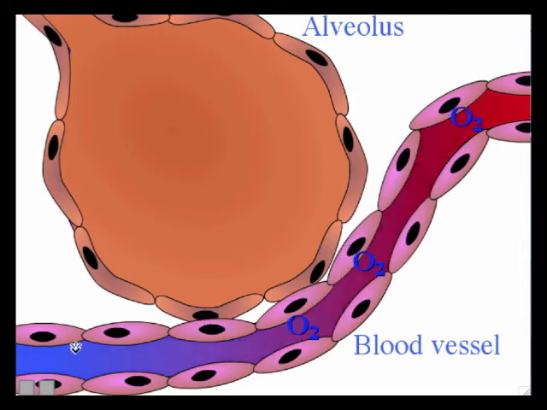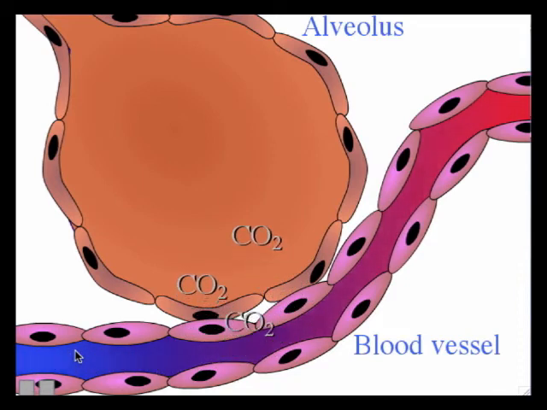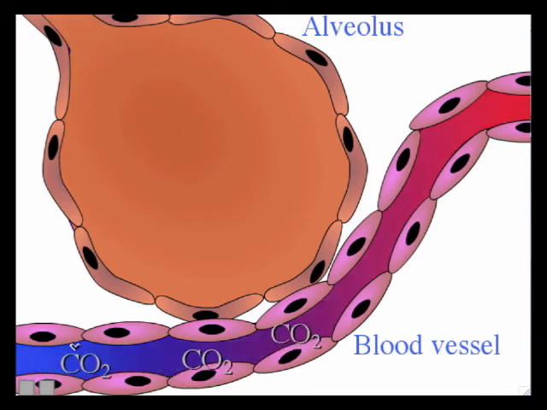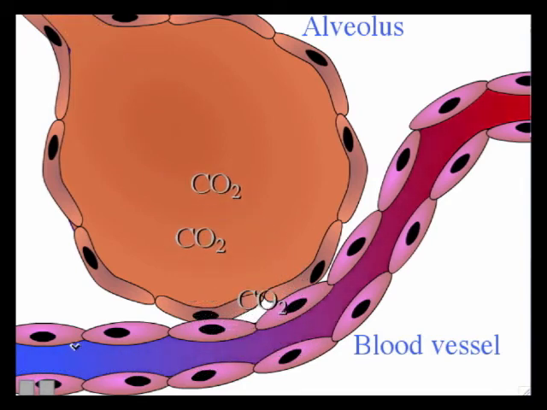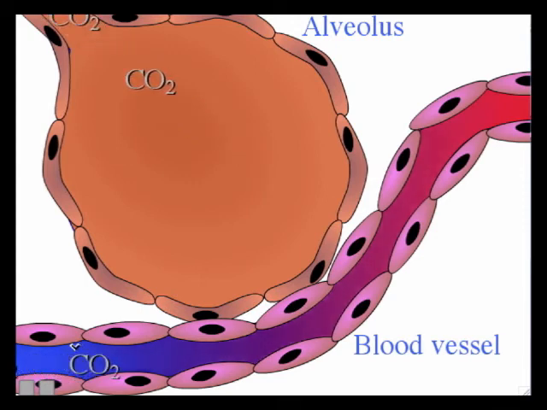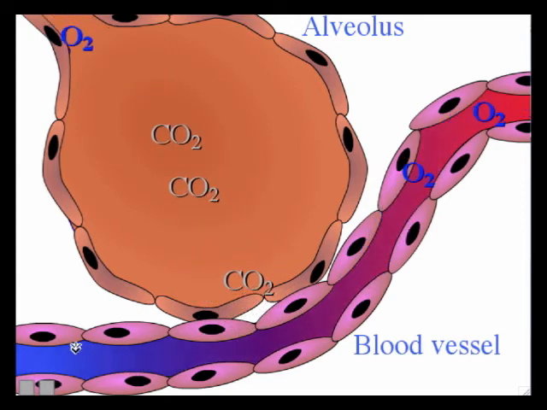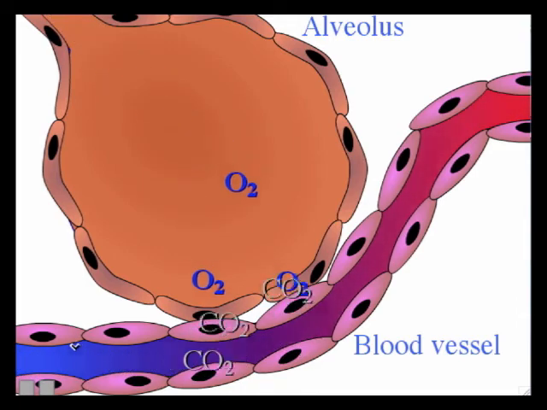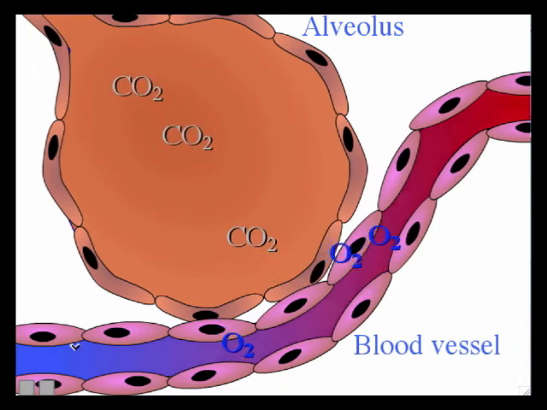But you know that. Here's the CO2. And remember, the blood has to get rid of the CO2. And same thing, it's such a thin layer that the CO2 easily diffuses through, and then when you expire, you're getting rid of that CO2. And of course, it's all happening simultaneously. The oxygen is diffusing into your blood, and the CO2 is diffusing out of the blood.